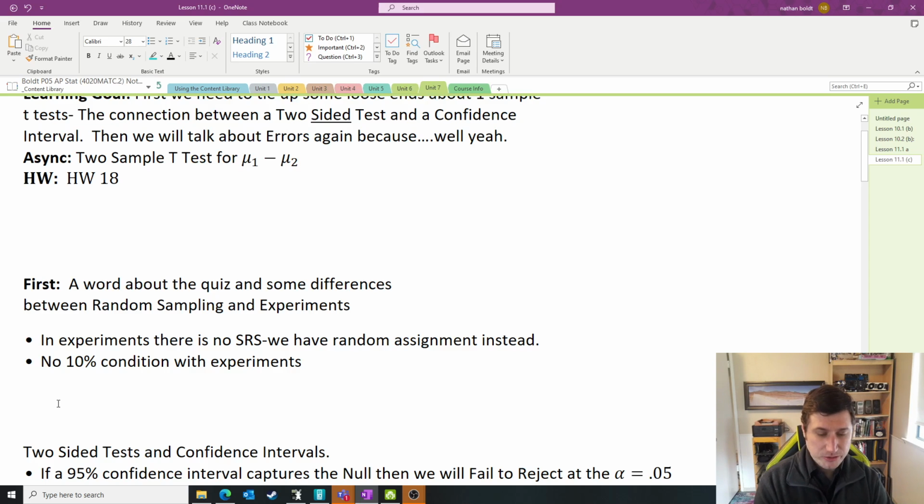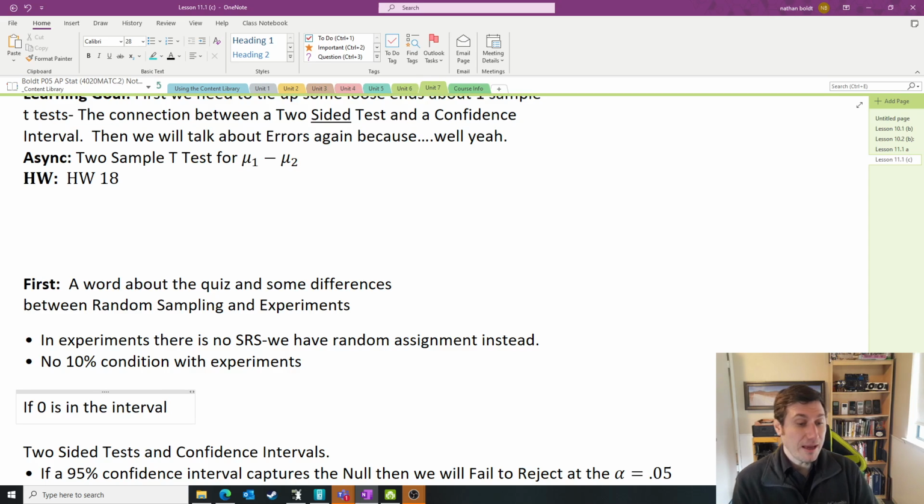the last question. With your interval, you should have seen that 0 is in the interval. And that means no difference is a plausible possibility.